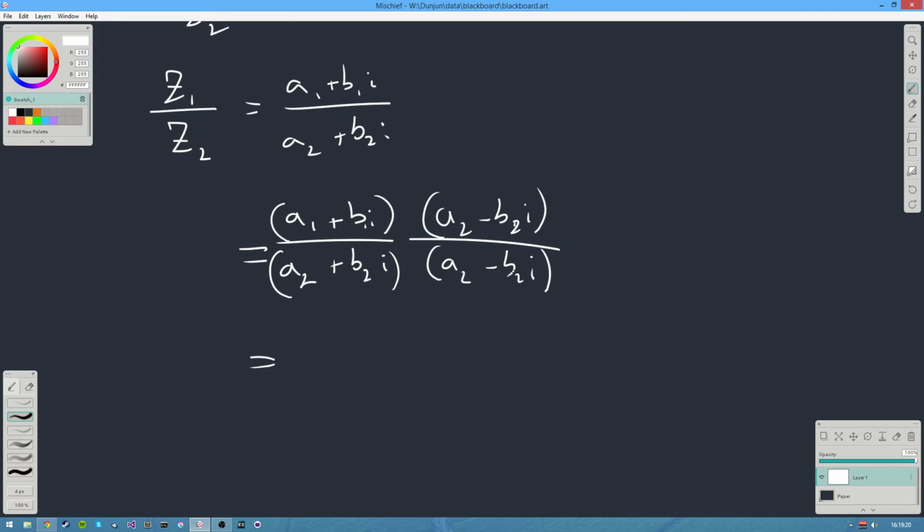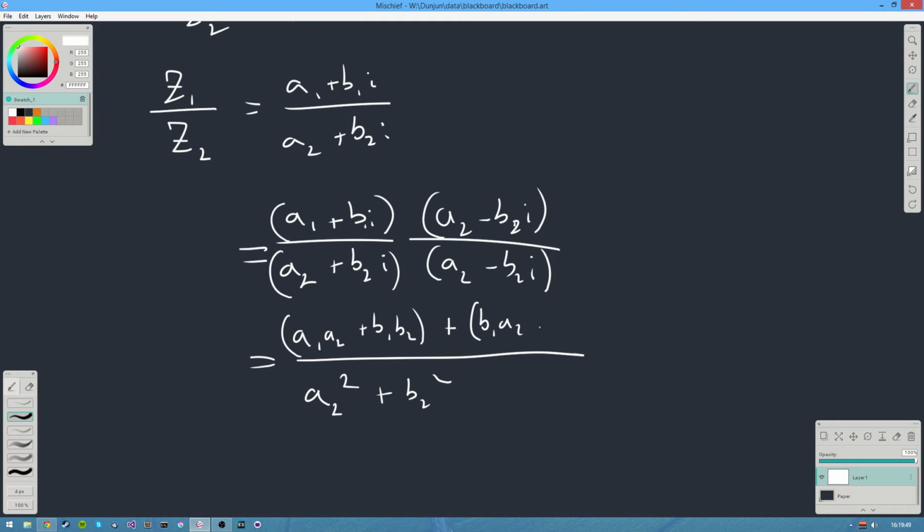We multiply these all out. What we get under the bottom is a2 squared plus b2 squared, and then what we get on top, I'm just going to quickly go through it, is a1a2 plus b1b2. So that's our real part. The imaginary part is b1a2 minus a1b2, and this is i.